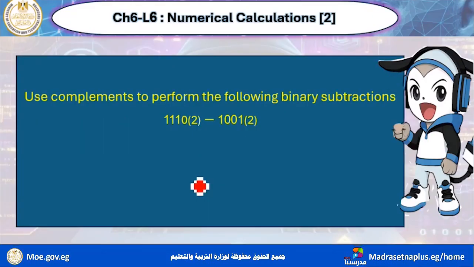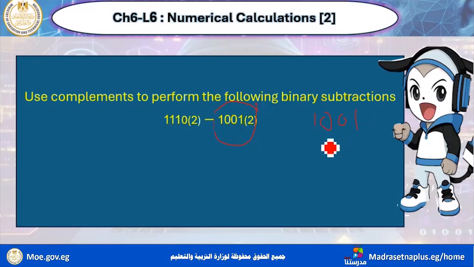Now another example. Use complement to perform the following binary subtraction. The first step is to get the complement of this number. How do we make it? 1, 0, 0, 1.